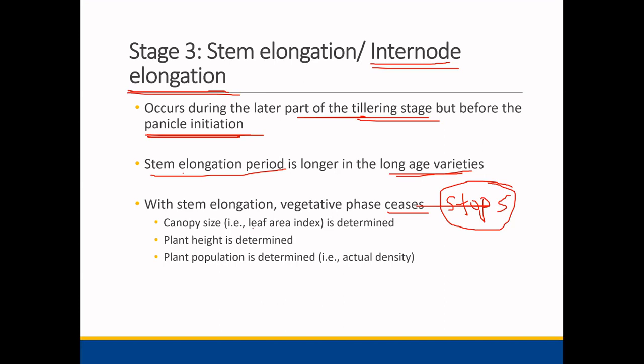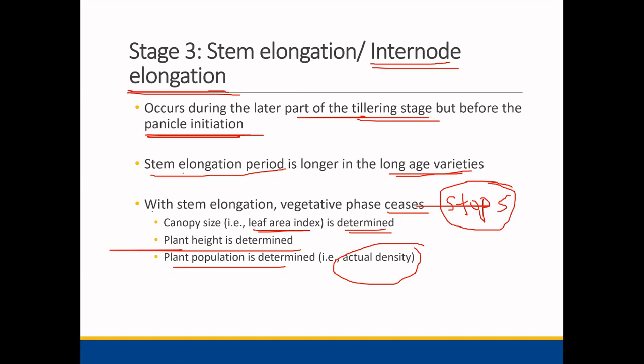That is the indicator of the leaf area index. So that is determined, and then plant height is determined, and then plant population, that's the density. The density will tell you how many plants developed successfully in a unit area. By the end of the vegetative phase, you can simply have a look at that.